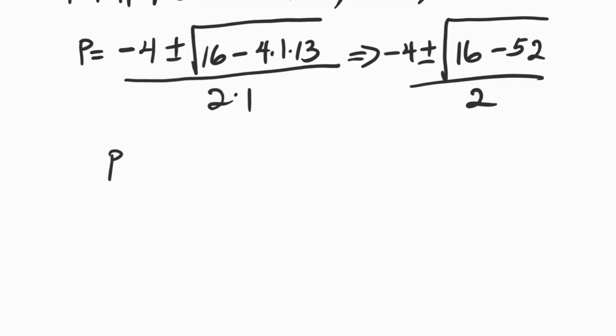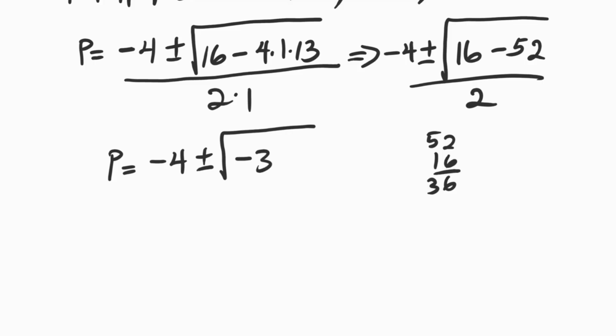Now, so our p is equal to minus 4 plus or minus the root of 52 minus 16, we have 36, so we have minus 36. That's correct. Yeah, minus 36 divided by 2.